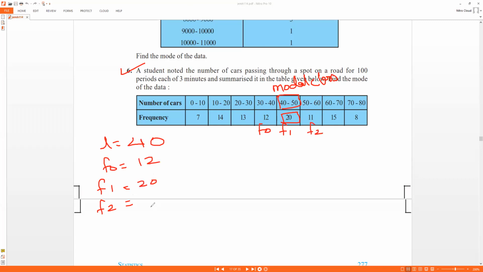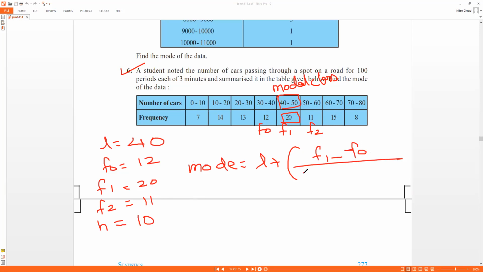And f2 will be the frequency of the succeeding class. And h will be 10 minus 0 or 20 minus 10, which is 10 again. Class width. So mode will be L plus (f1 minus f0) divided by (2 f1 minus f0 minus f2) into h. सोपं आहे, खूप इझी आहे.